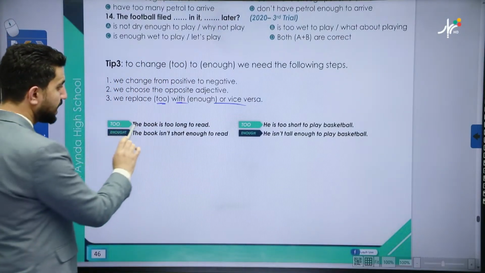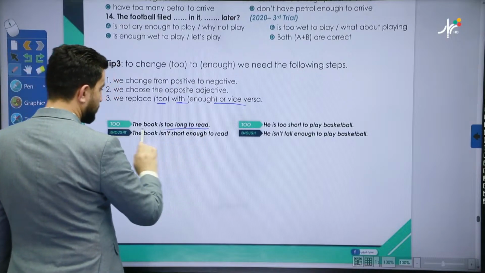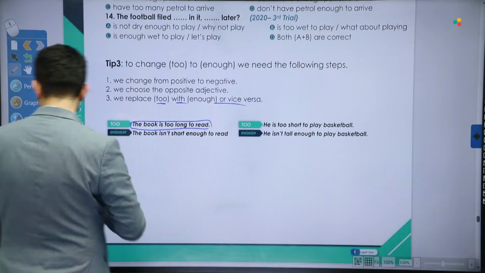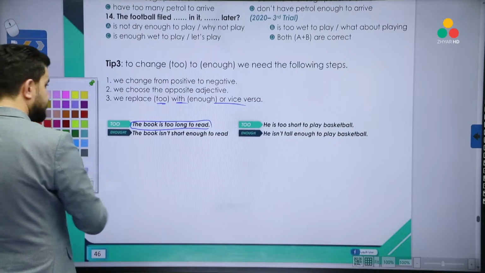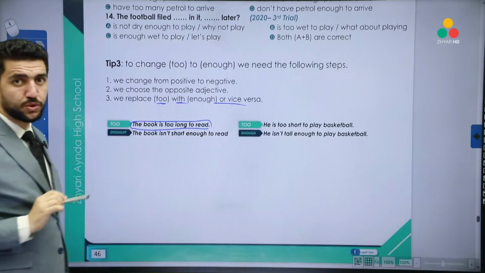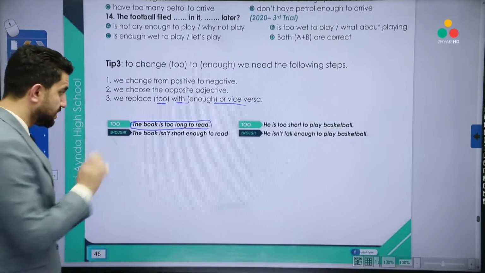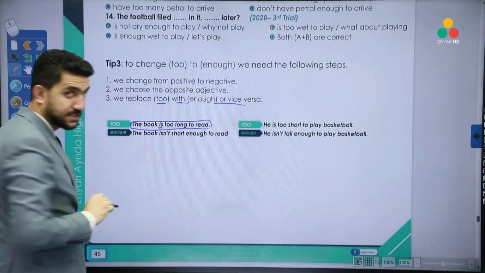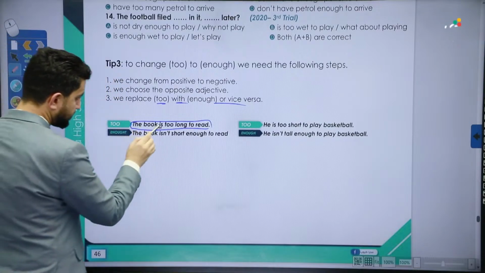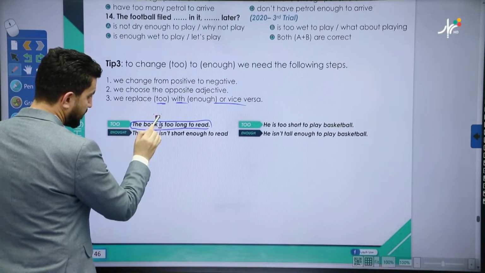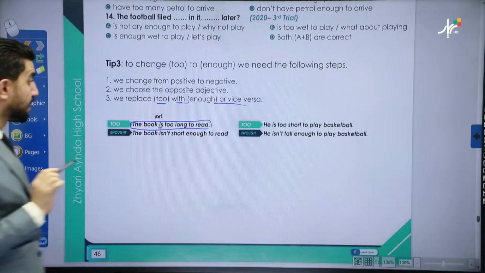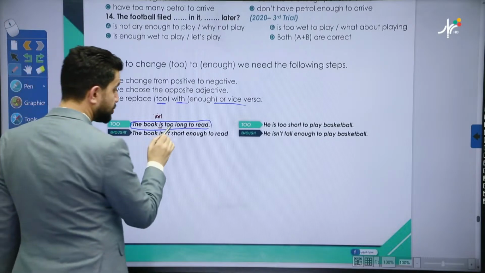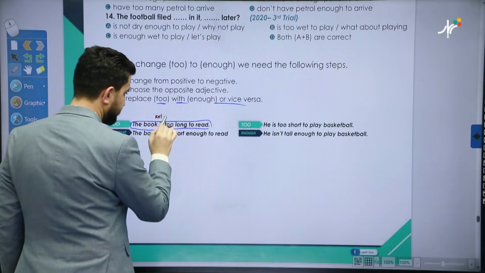The book is too long to read. Let's take a look here. To change it to negative, we use "isn't". This is number one. Number two, if you remember, we change "too" to "enough".